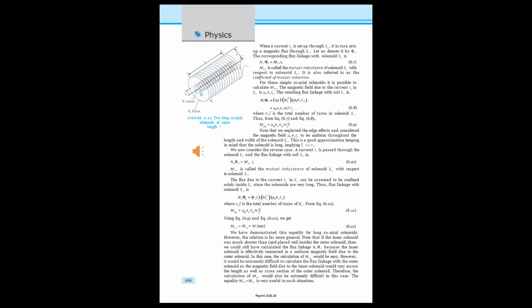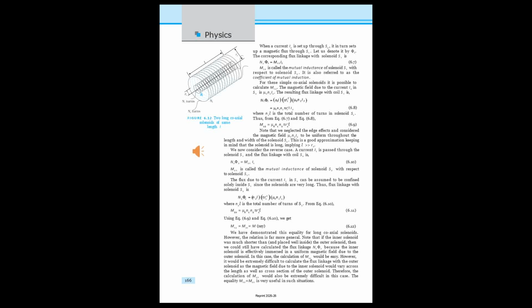Note that if the inner solenoid was much shorter than and placed well inside the outer solenoid, then we could still have calculated the flux linkage N1 phi 1 because the inner solenoid is effectively immersed in a uniform magnetic field due to the outer solenoid. In this case, the calculation of M12 would be easy.